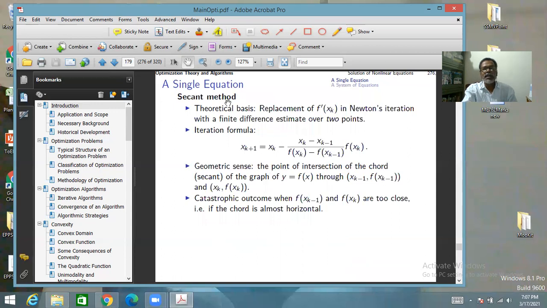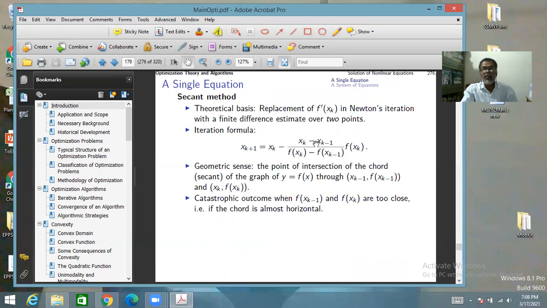Now the next method is the secant method. Its theoretical basis is basically to replace the derivative in Newton's iteration with a finite difference estimate over 2 points. So that is why it is function value difference divided by variable value difference. It has got turned upside down because the derivative was in the denominator.